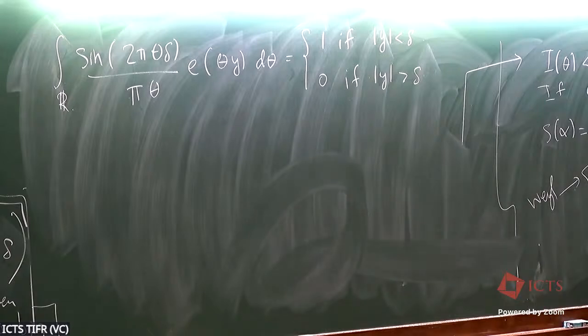Okay, so that's an identity one can use. Essentially, you have a cutoff for asking when is it that your thing is inside a box of size delta.